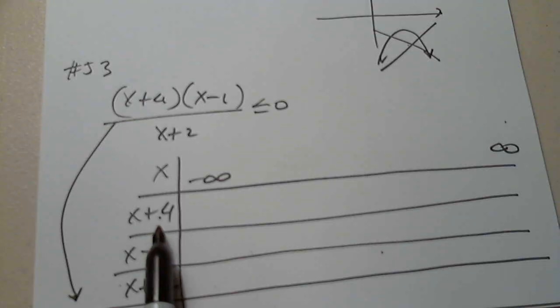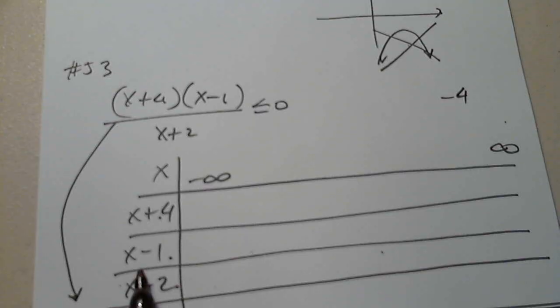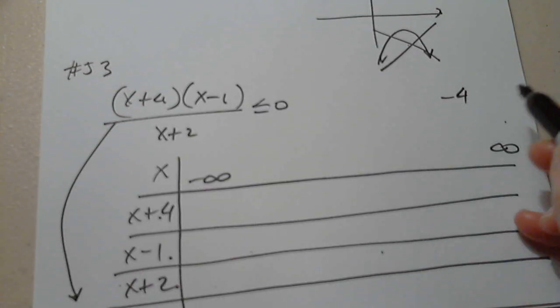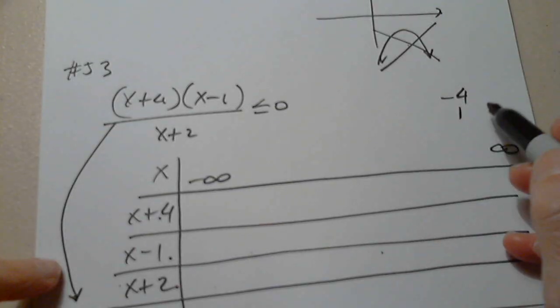So where is this 0? When x is? -4. Good. So let's put them on the side. Where is this 0? When x is? 1. Perfect. And where is this 0? -2.